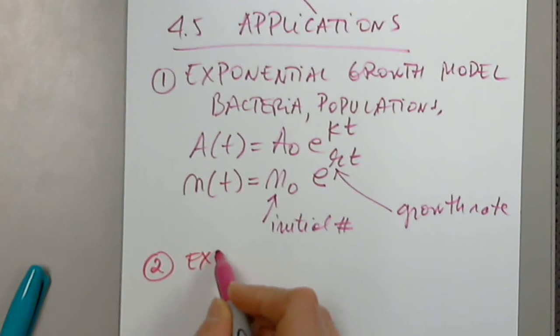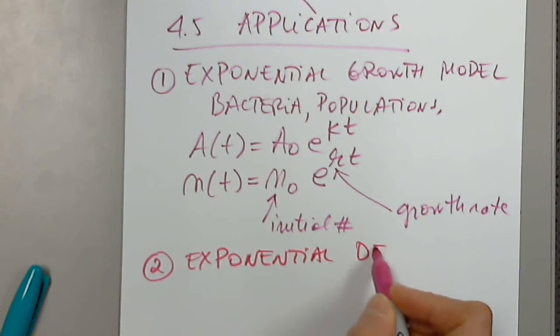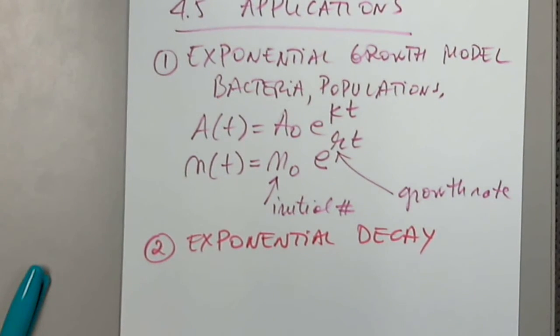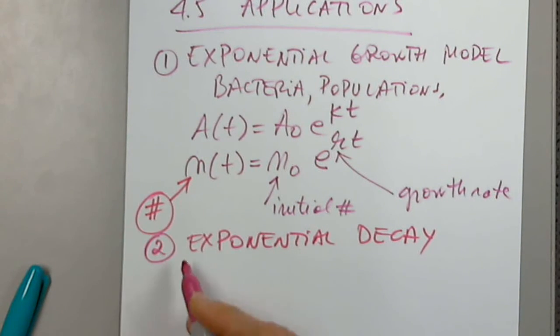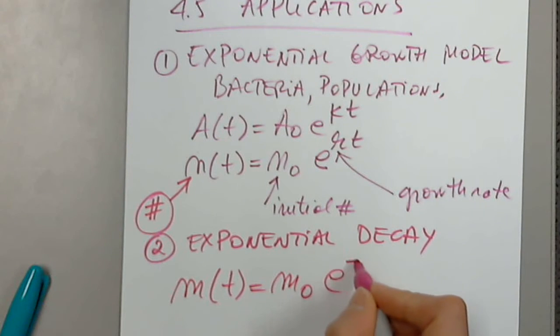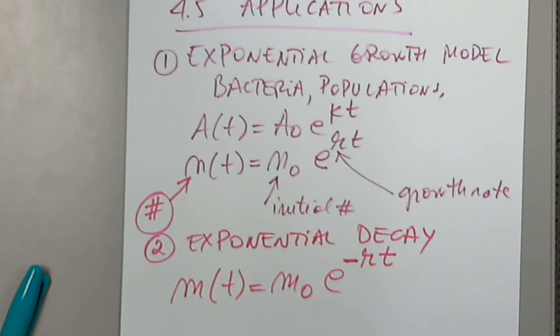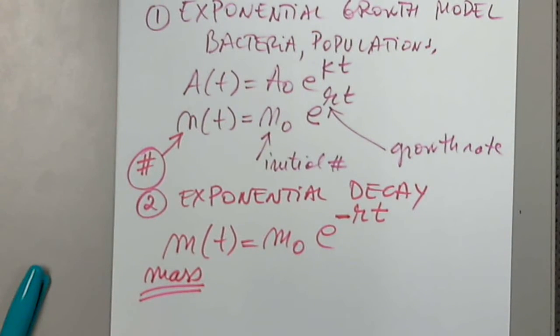The exponential decay. It's for radioactive substances. They decrease their mass in time. M of t equals M0 e to the minus rt, where M is mass and M0 is the initial mass.